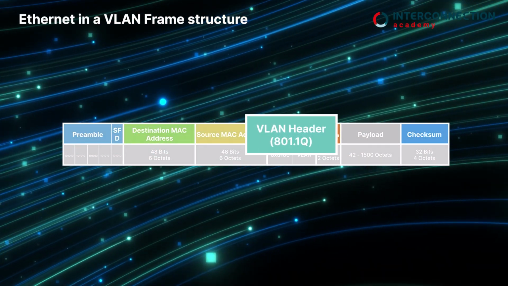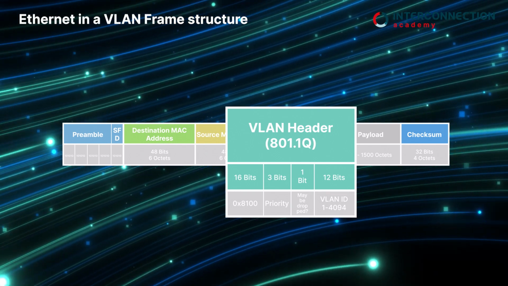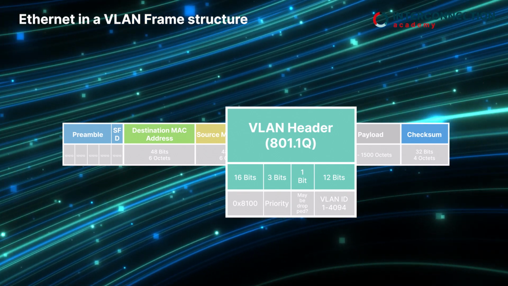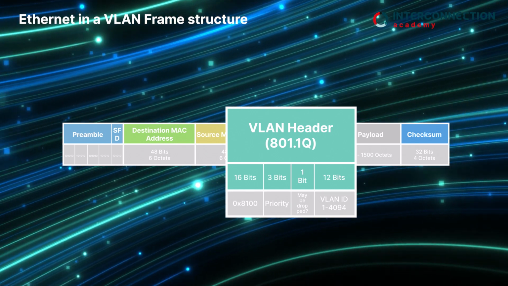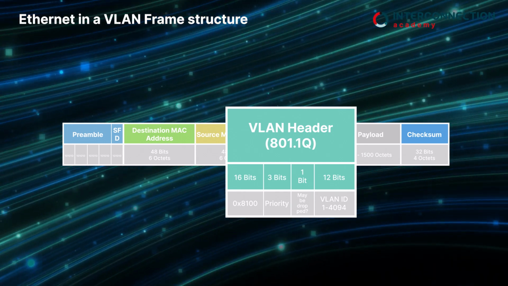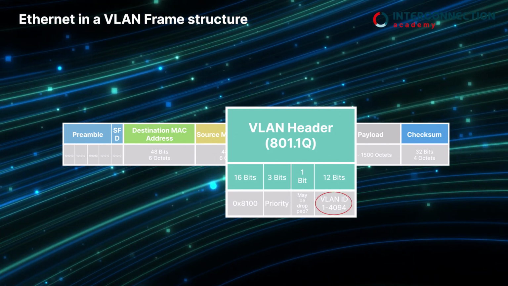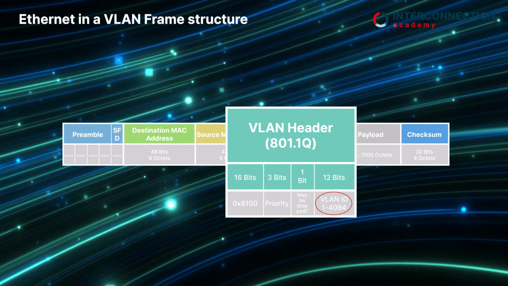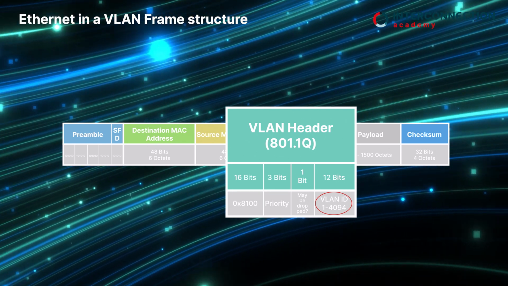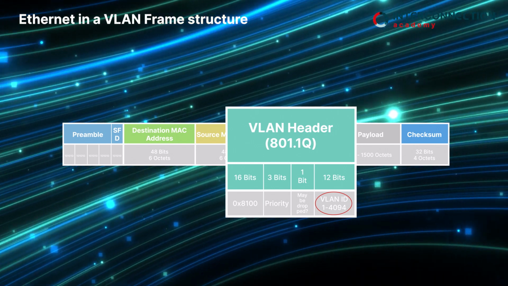The VLAN header consists of a set of bits beginning with 8 bits set as 0x8100. It also includes additional bits for administrative purposes, such as a priority bit and the VLAN identity or VLAN ID. The VLAN identifier ranges from 1 to 4094, providing a wide range of VLAN ID options.